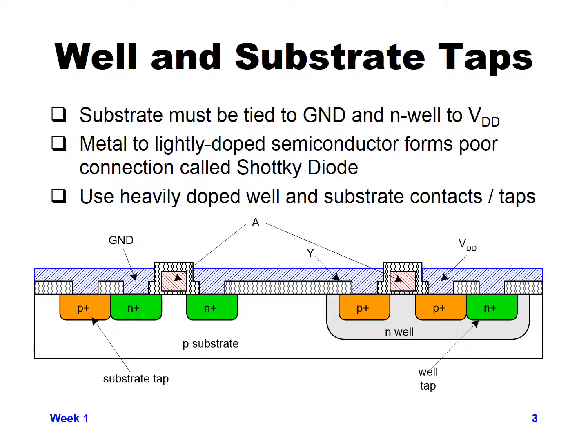And if you remember, the P substrate for NMOS devices should always be connected to ground, or the lowest voltage in the circuit. So we will connect that to the same voltage that we connected the source of our NMOS transistor to.